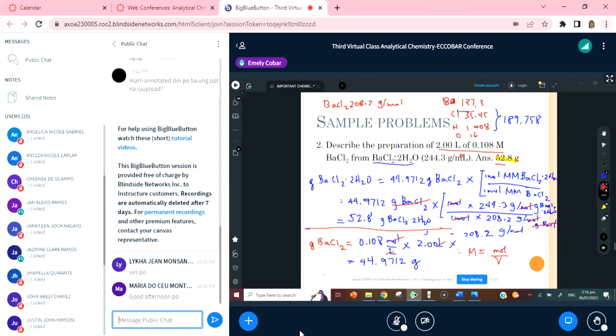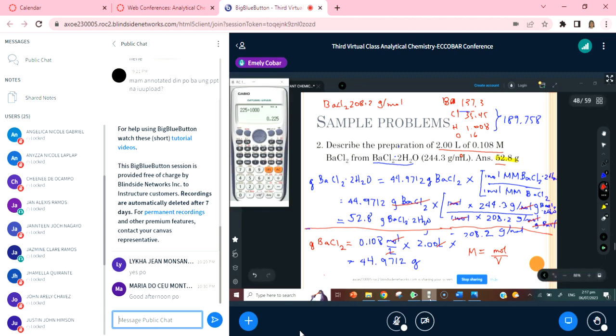So, cancel yung liter, mole ka na. Then, you multiply it with the molar mass of barium chloride. What is the molar mass of barium chloride? Nandito yung molar mass. So, 208.2 gram per mole. 208.2 grams per mole. Tignan natin sa calculator.